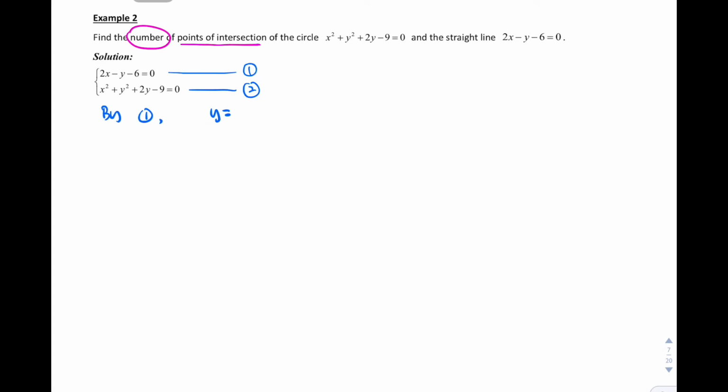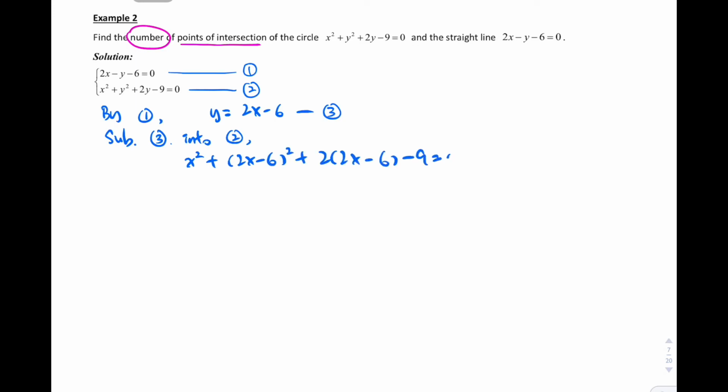Say it is easier to make y the subject. We get this. And similarly, sub 3 into 2. And then you will have this quadratic equation in x. Try to simplify it.